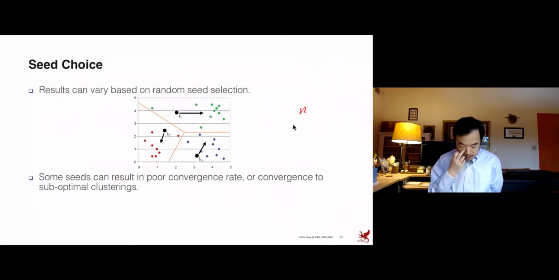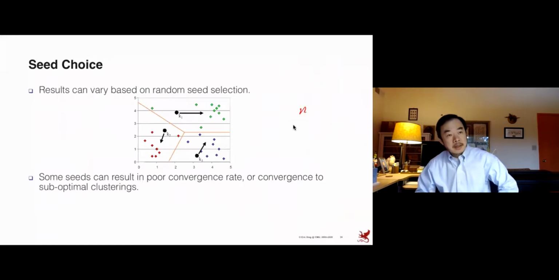As just a folklore, in a typical k-means algorithm, people would try maybe anywhere from 10 to 20 random initializations and run the iteration until convergence without really restricting.